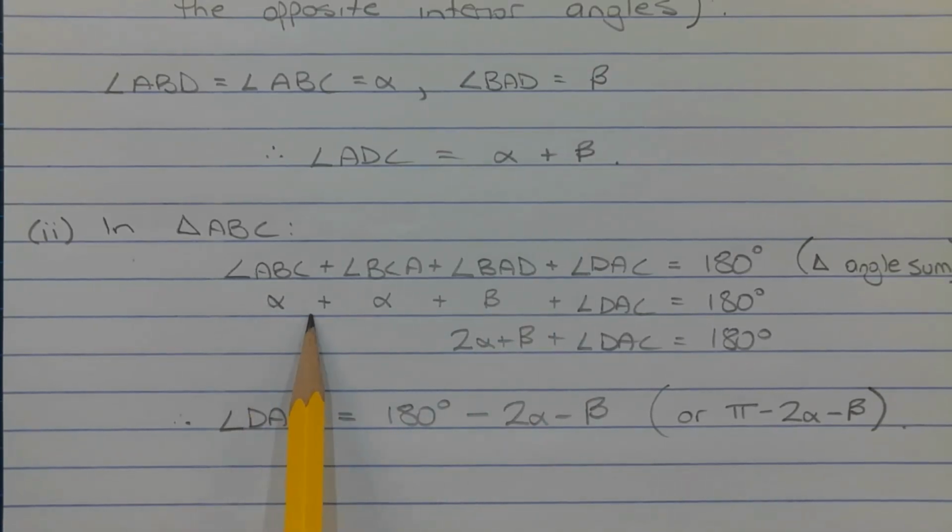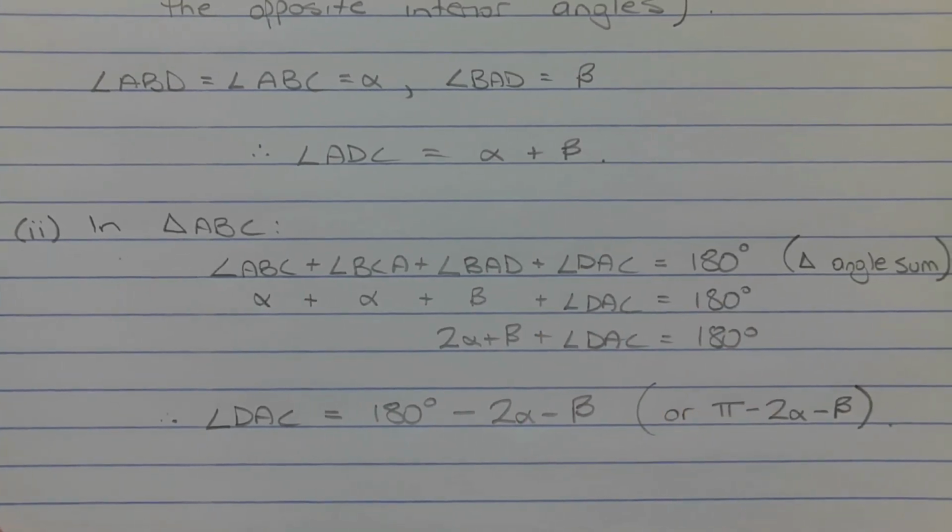So we have alpha plus alpha plus beta plus angle DAC is equal to 180 degrees. And collecting the like terms, we get 2 alpha plus beta plus angle DAC is equal to 180 degrees. Rearranging this equation to isolate angle DAC, we get angle DAC is equal to 180 degrees minus 2 alpha minus beta, or angle DAC is equal to pi minus 2 alpha minus beta in radians.